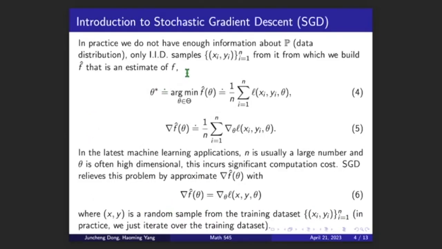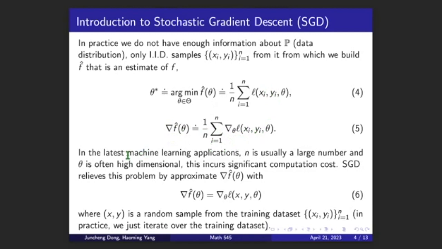In practice, we do not have enough information about the data distribution. We only have i.i.d. samples from it, from which we can build f hat to estimate f. And f hat is defined as the average loss over the samples in the training data set, and its gradient is just the average gradient over the training data set.